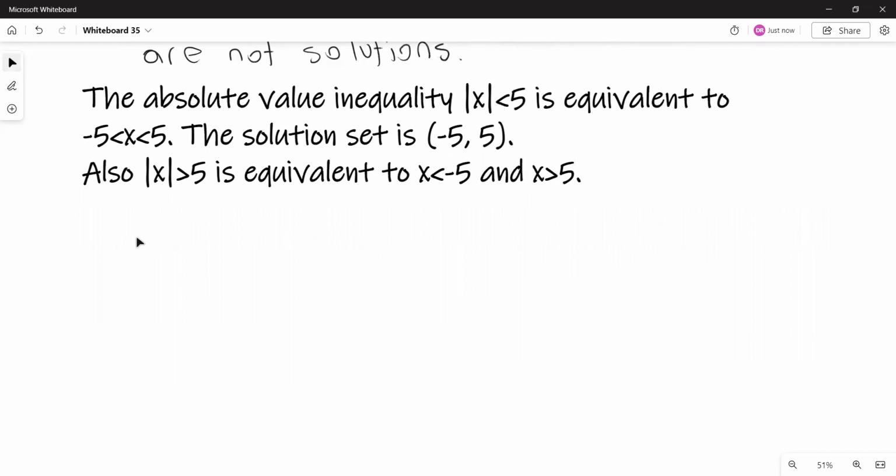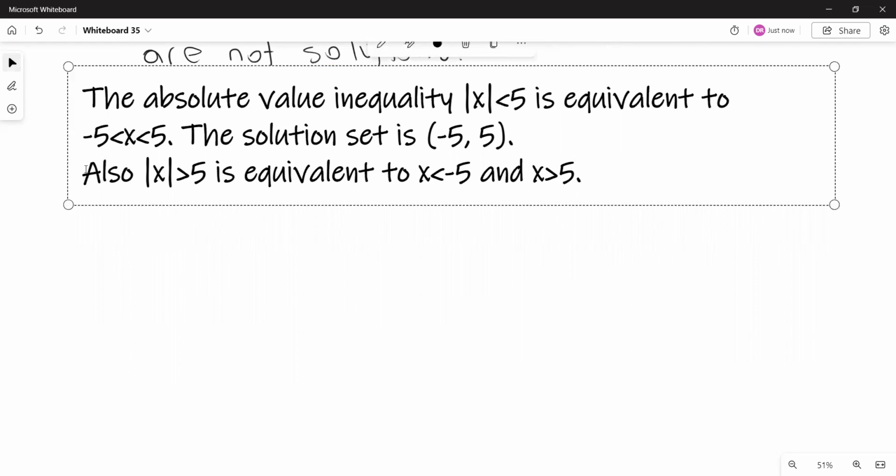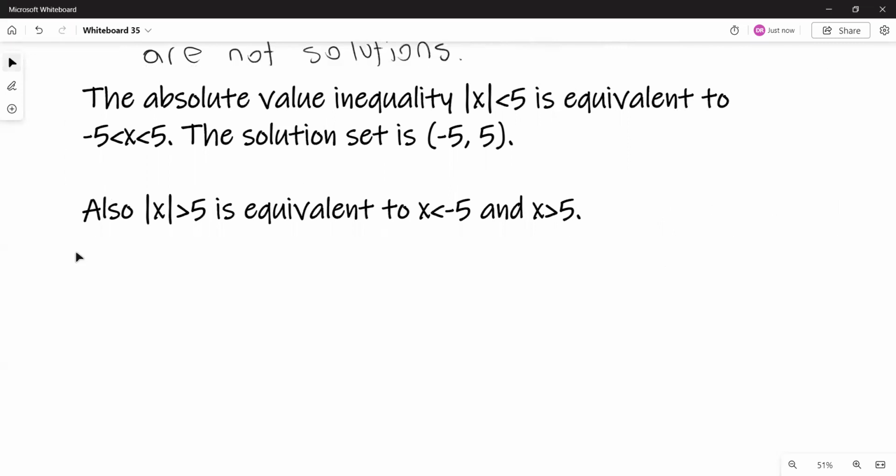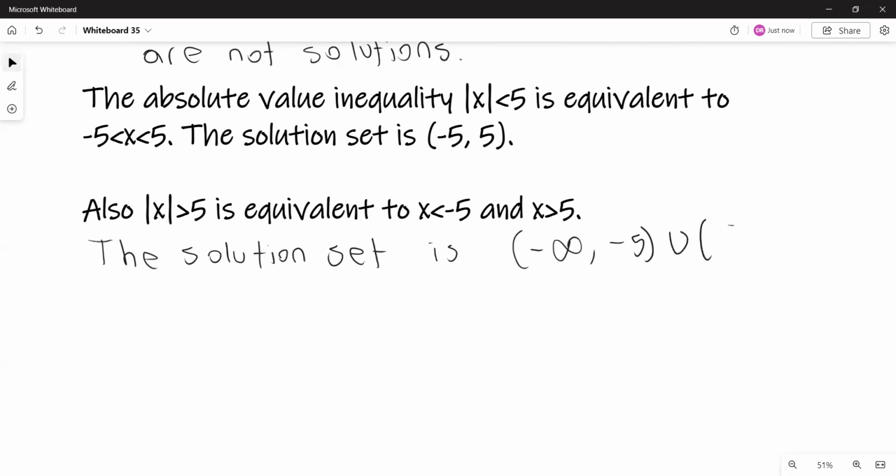So the solution set of this inequality is negative infinity to negative 5, union 5 to infinity.